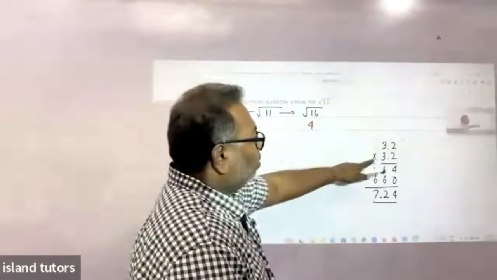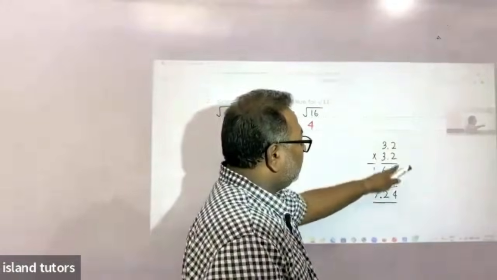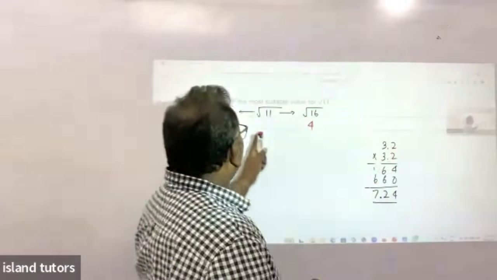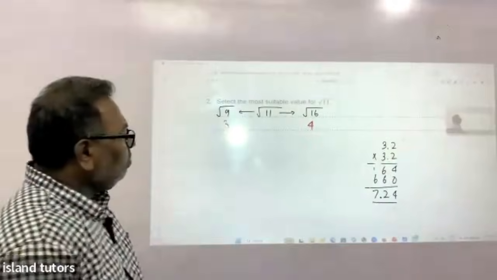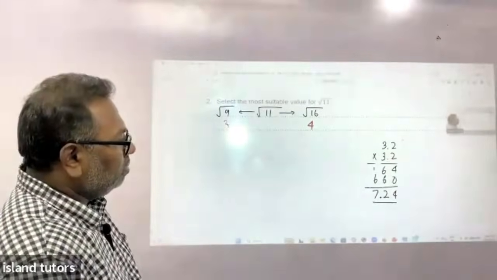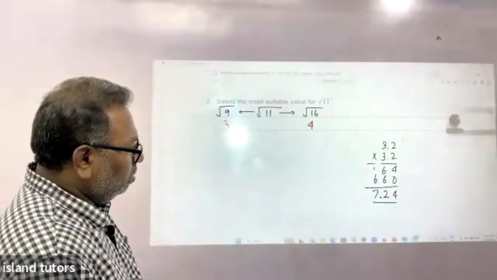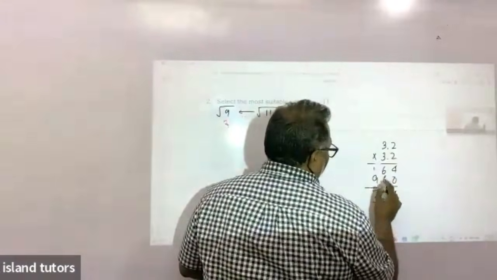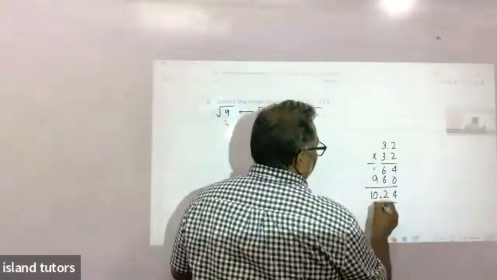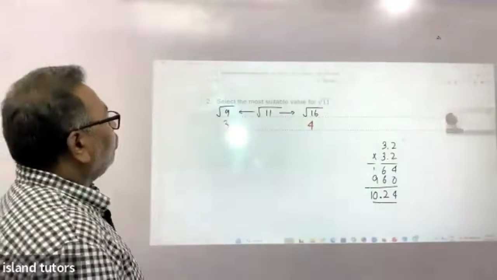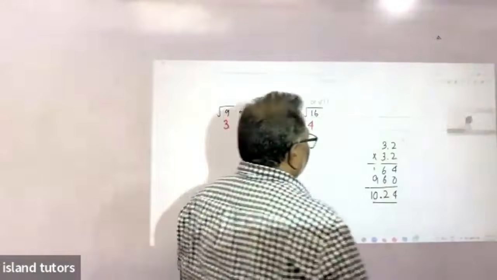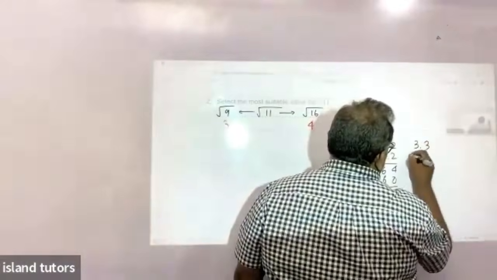So a little off, no? I'm getting close to 11. Getting close to 11. Let's try 3.3.